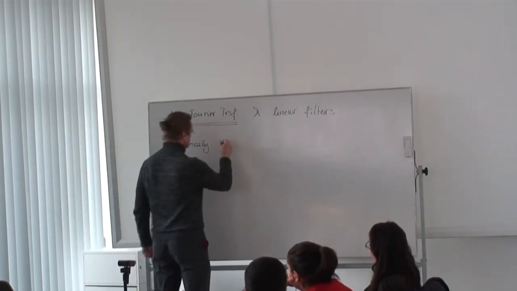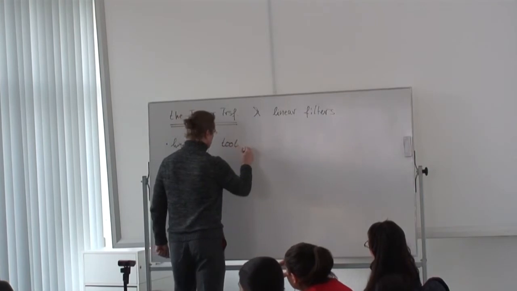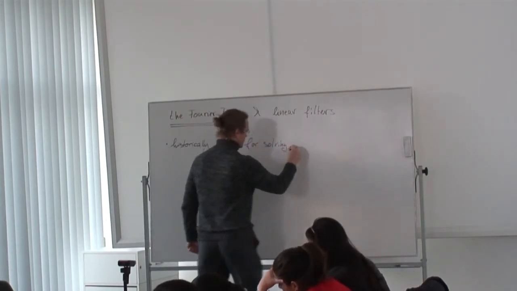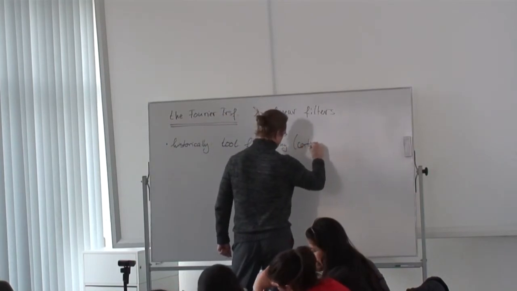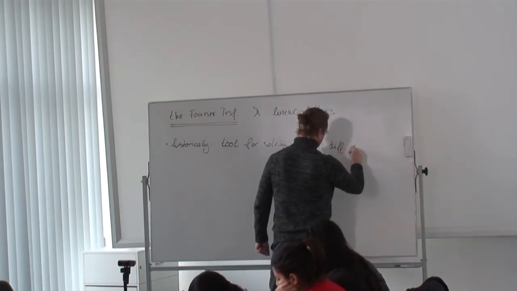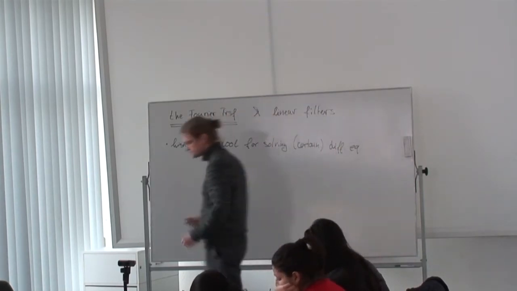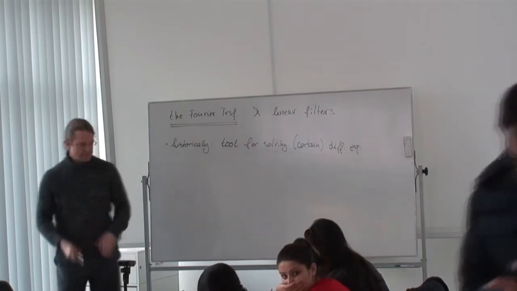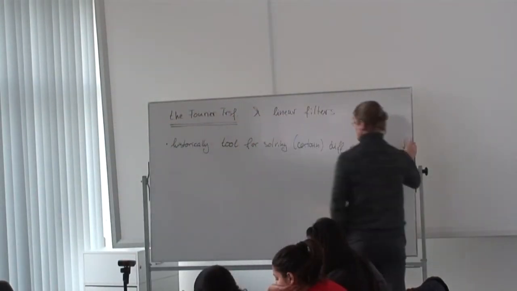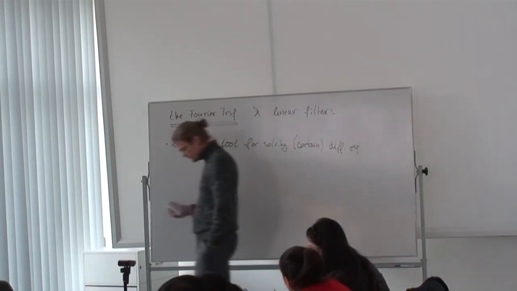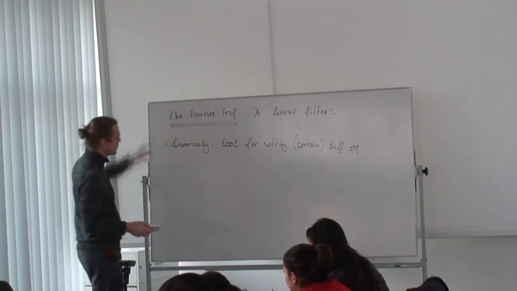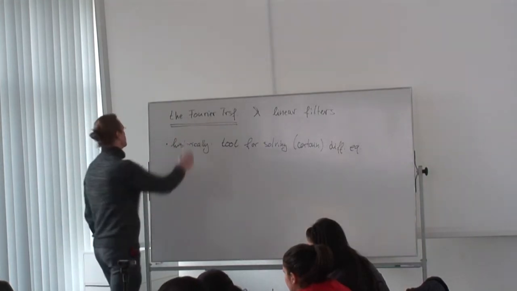So historically it was developed as a tool for solving, let's say, certain differential equations. And I thought it is a good idea to acquaint ourselves with the Fourier transform following this historical development.